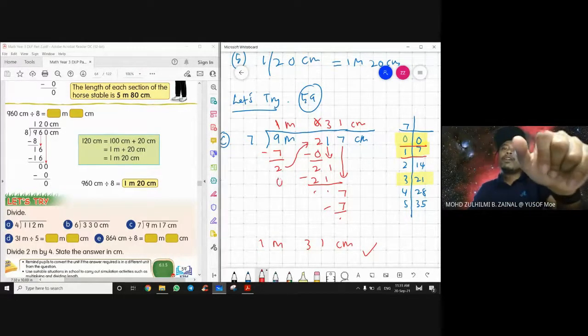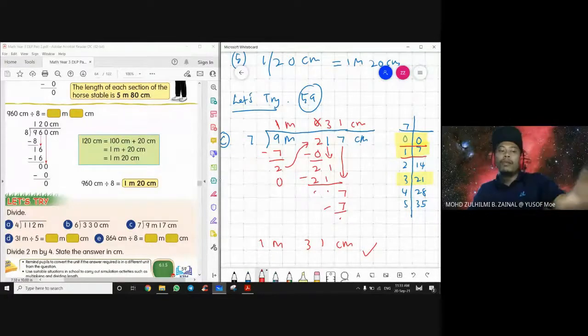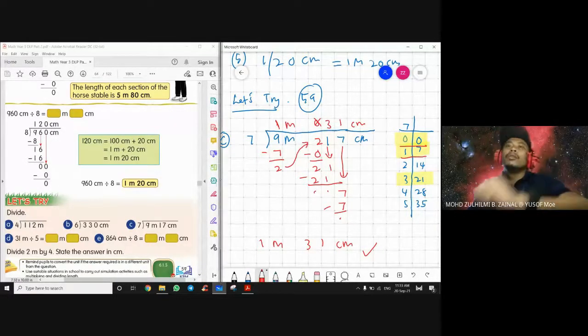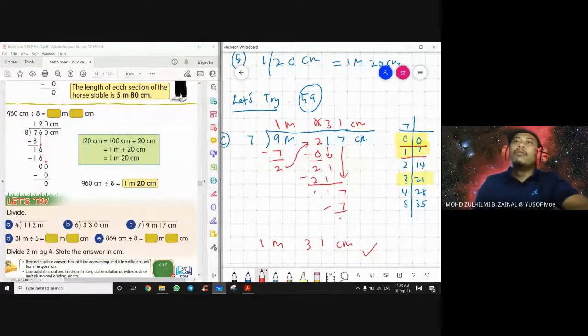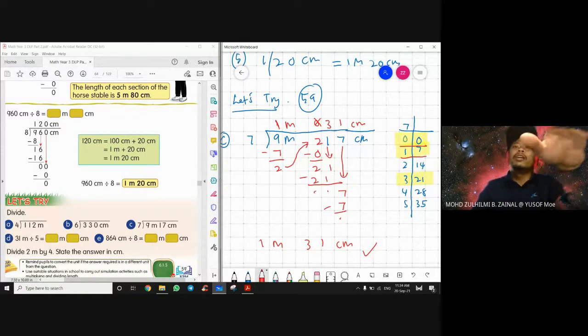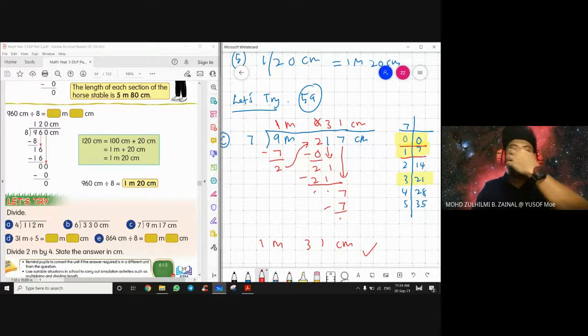Kalau tolak pun dapat 0. Bukan macam remainder lah. So you have to bring the 2 to centimeter. So you jadikan 200. So 200 plus 17 jadi 217. Tak payah pun kira sebenarnya. Letak je 2 tu kat sini. Macam regrouping lah. So you will get 1 meter 31 centimeter.